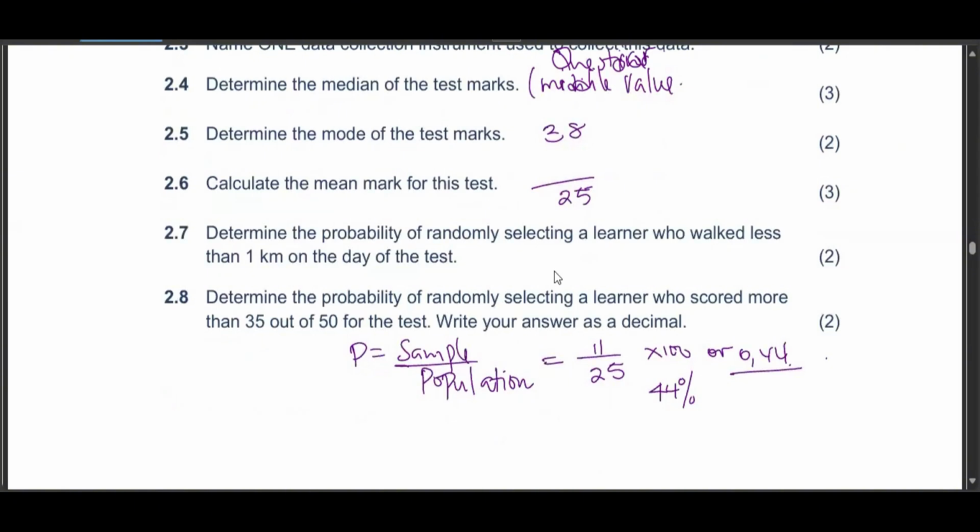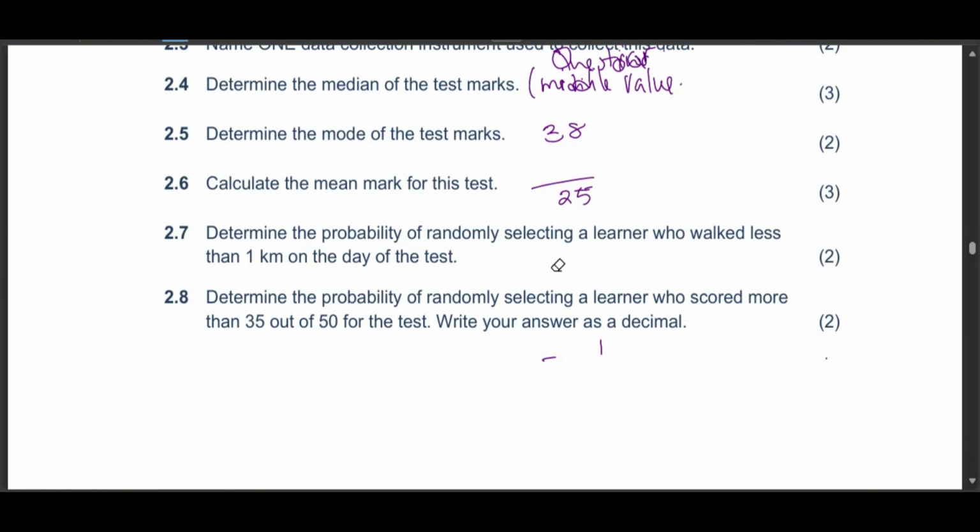So we're randomly selecting a learner. This was for the distance covered. Okay, so now, still you need to know this. We have to get familiar with this formula here.